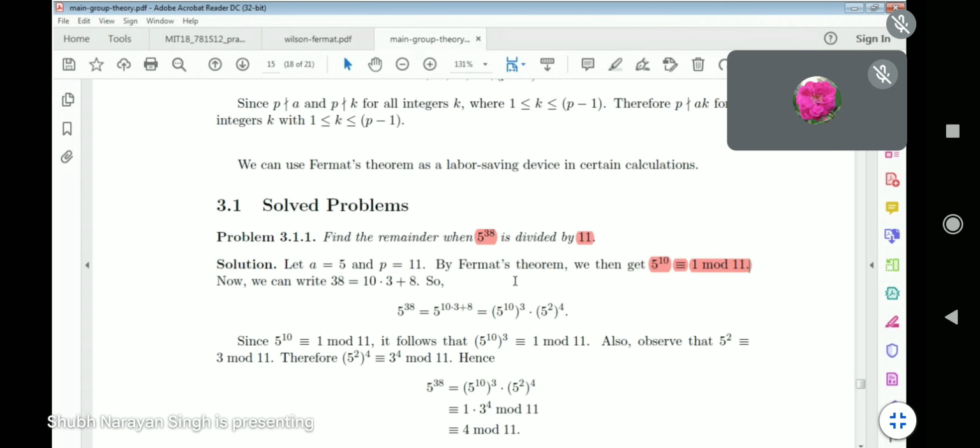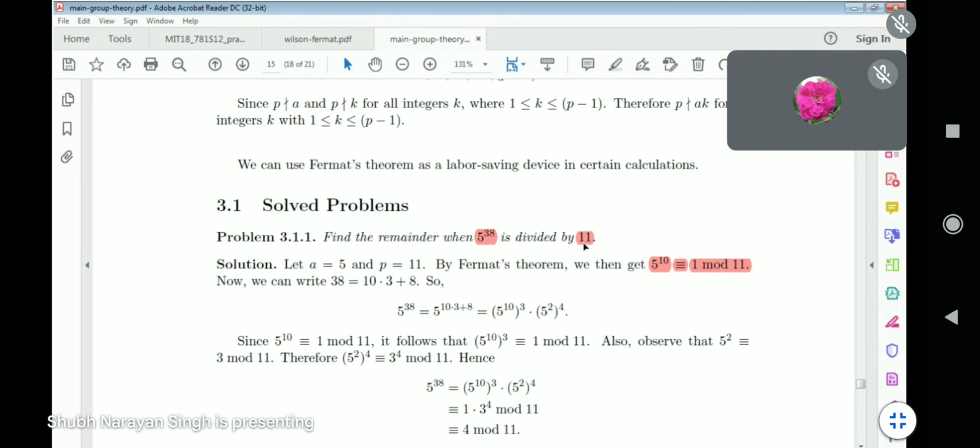Now see, just by using Fermat's theorem, we got till this computation that when you divide 5^10 by 11, we get the remainder 1. But this is not your ultimate goal. Our ultimate goal is to find the remainder when 5^38 is divided by 11.